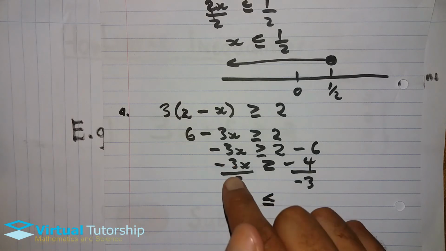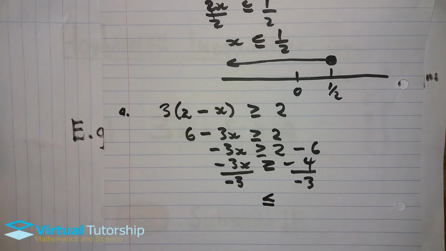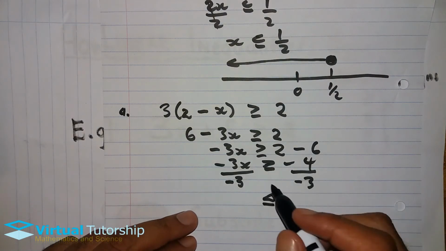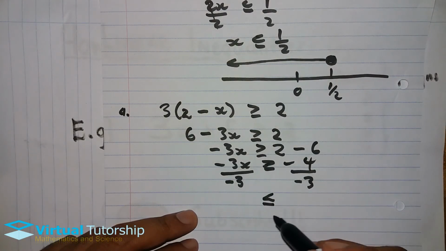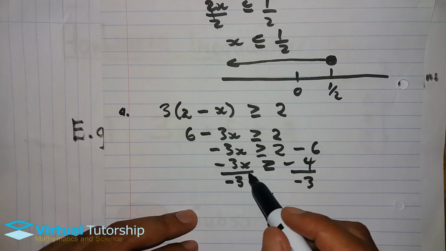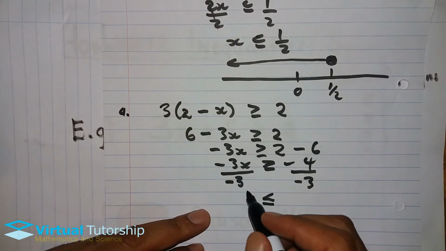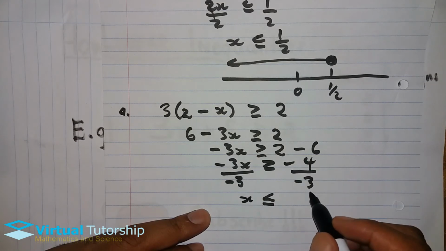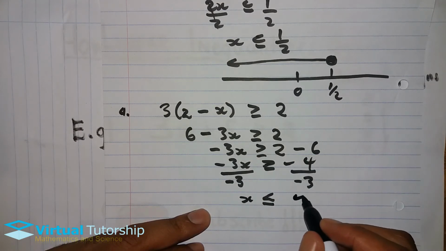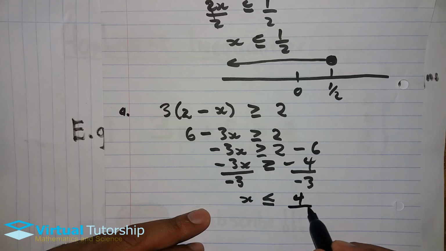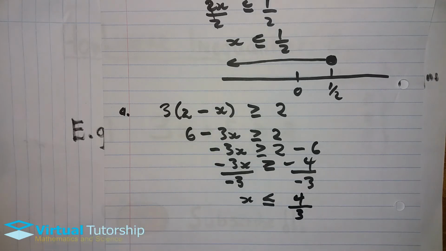So now dividing a negative number or multiplying a negative number, the inequality sign changes the direction. So here it was greater or equal to, because dividing by minus 3, change direction it says less than or equal to. So now divide, I remain with x, and then negative and a negative is positive, so 4, it's going to be 4 over 3.